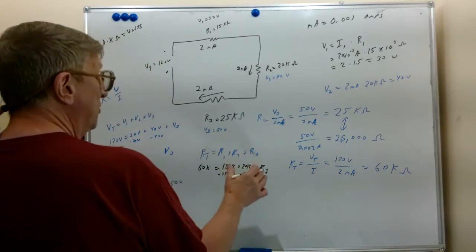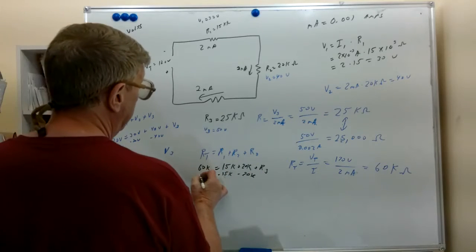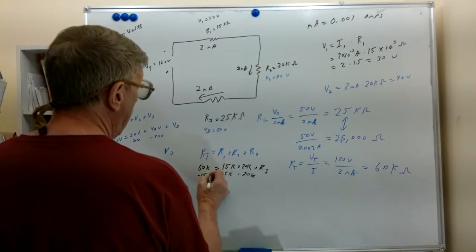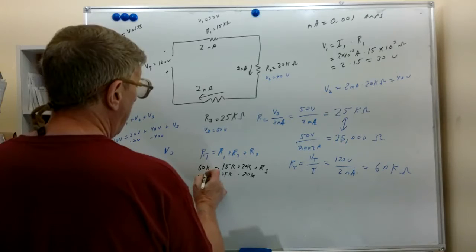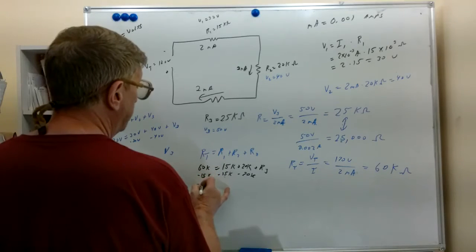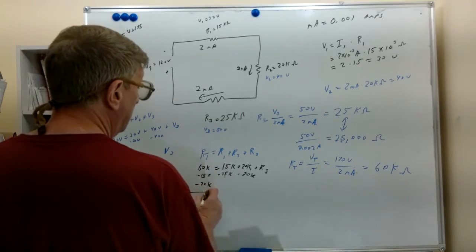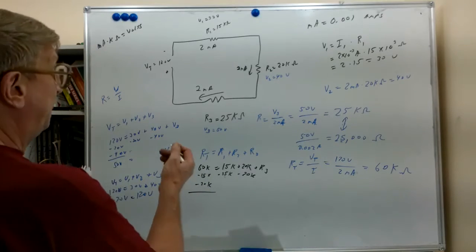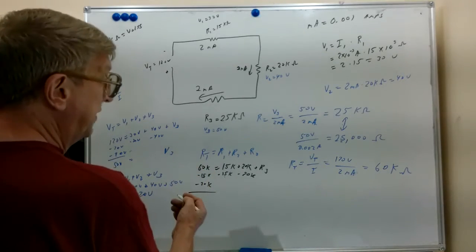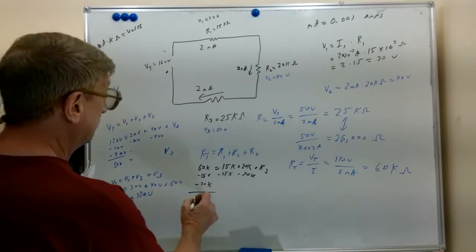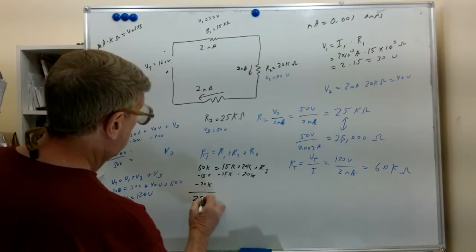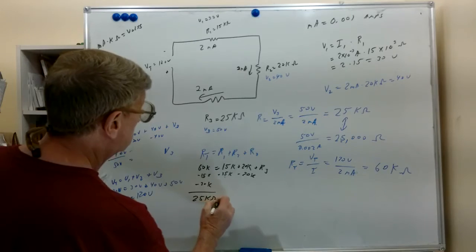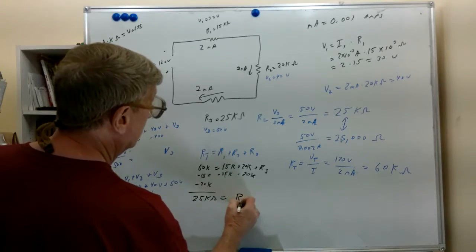Both of these known values, we'll get them over to the other side. We're going to take minus 15K, minus 20K. So 60 minus 15, that leaves us with 45, minus 20, that leaves us with 25 k ohms, which is what R3 would be.